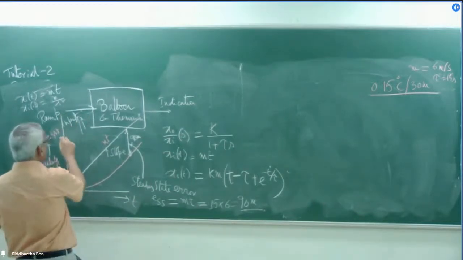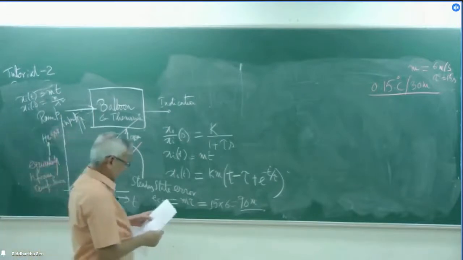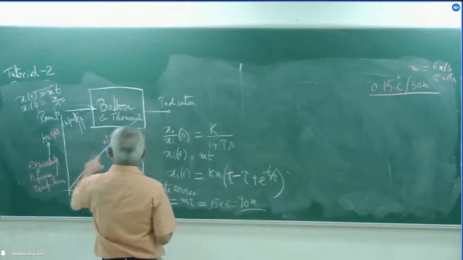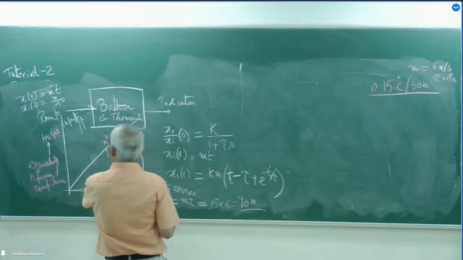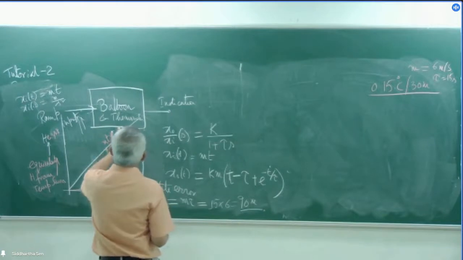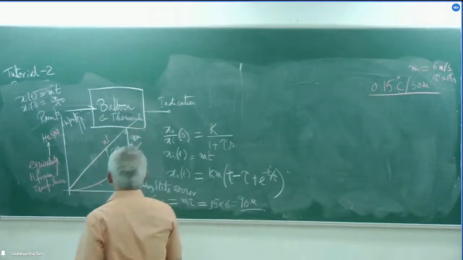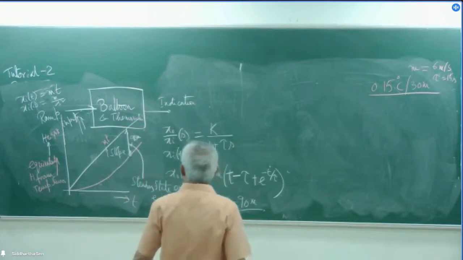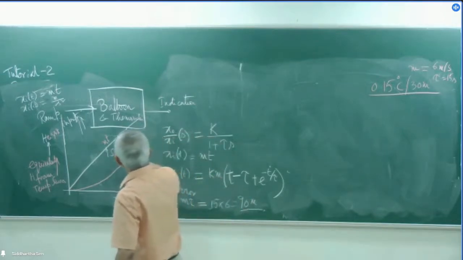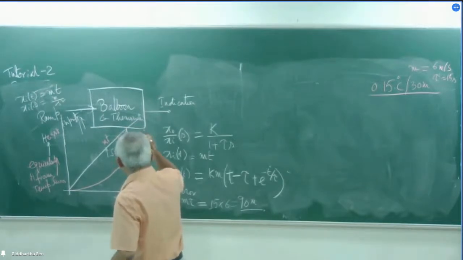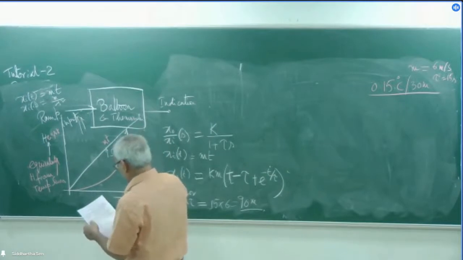That means at 3000 meter it is showing 0 degree Celsius. Actually, you can easily understand the actual height of the balloon at that point is 90 plus 3000, that is 3090. So naturally, when 3000 meter is shown, the actual height is more.